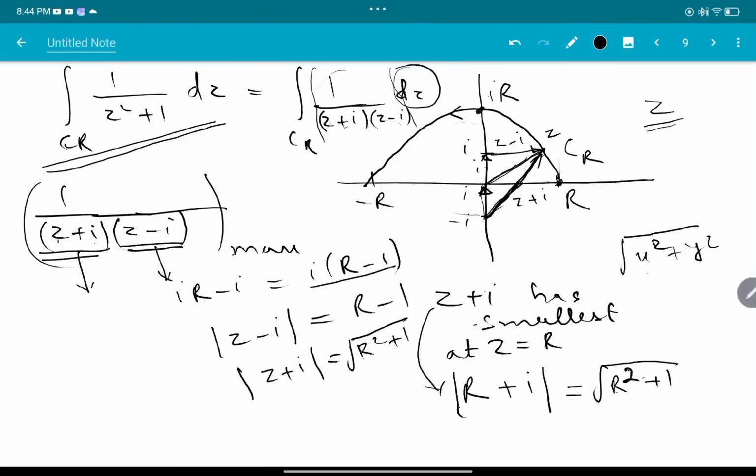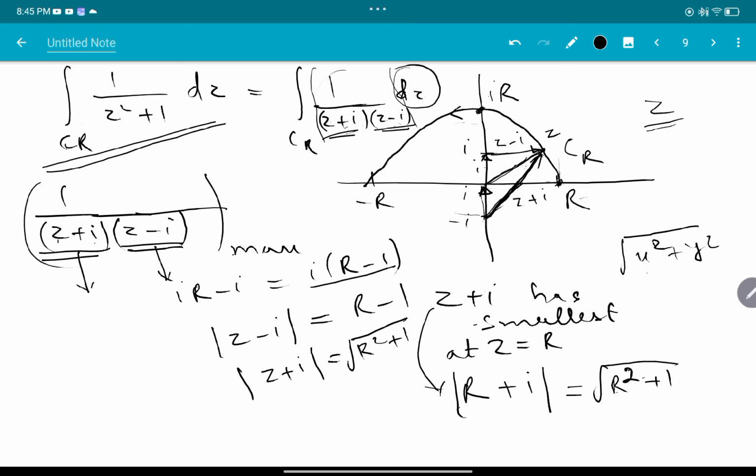Remember once again what I did. I found the maximum value of this, and I found that it goes to 0 as r goes to infinity. How did I find the maximum value of this? By finding the minimum value of this, using the absolute values or modulus, and then using those minimum values I found this maximum value and multiplied it by the path length.